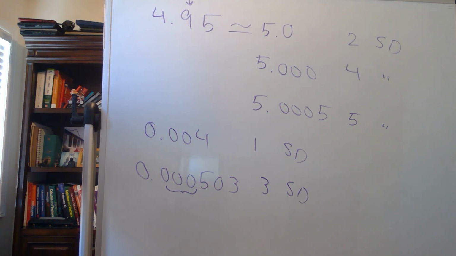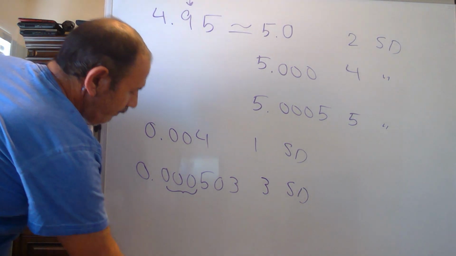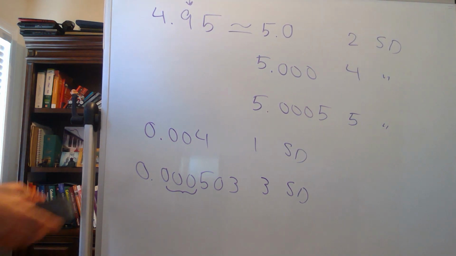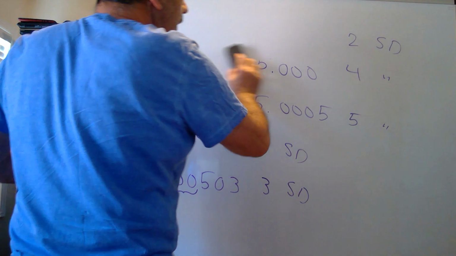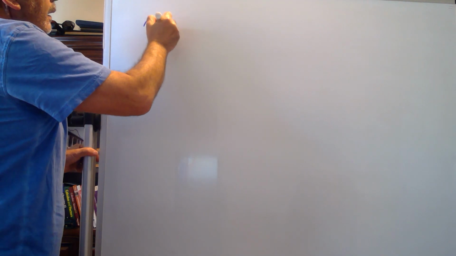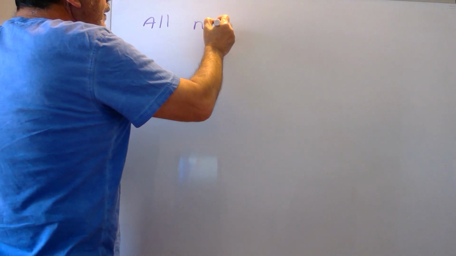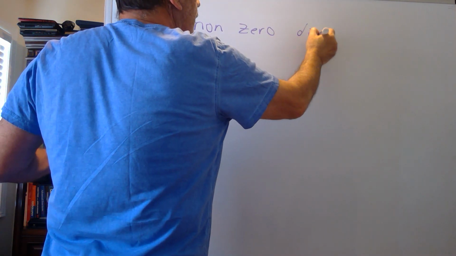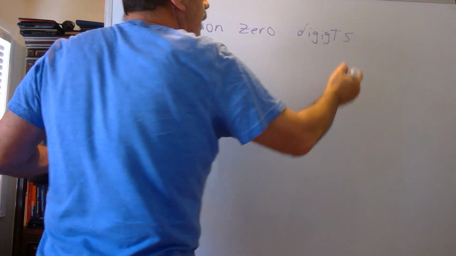So this is the meaning of significant digits and how to count the number of significant digits in a number. In simplified format, when we are seeing a number, all non-zero digits are significant.